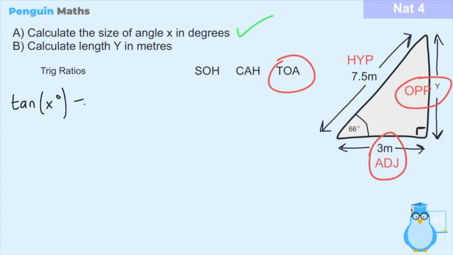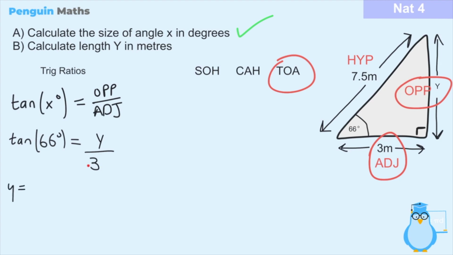of x degrees is equal to the opposite side over the adjacent, and we have the angle now of 66 degrees, and the opposite side is y, which we want to figure out, and the adjacent side is 3. Rearranging for y, we can bring this 3 metres over to the other side and multiply it by this because it's dividing on this side.